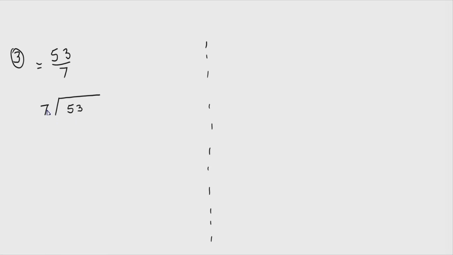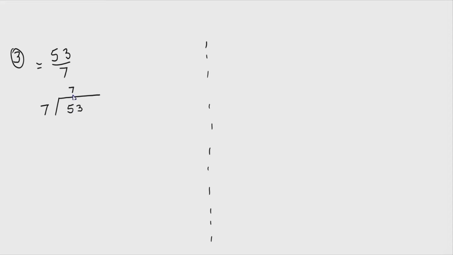But anyway, so 7 and 50 is, so 7 times 7 is 49.